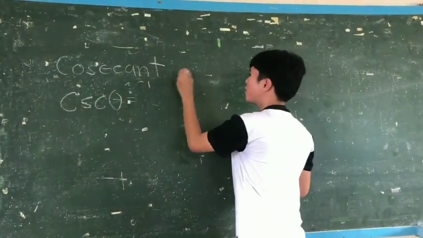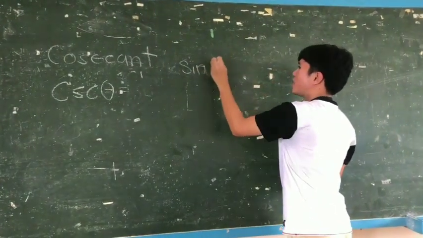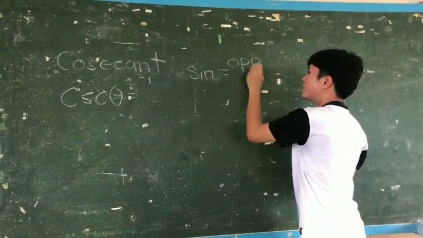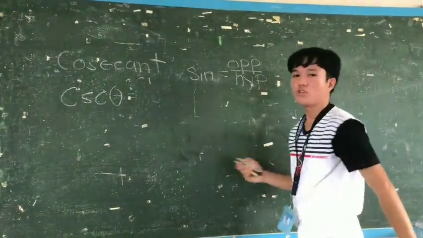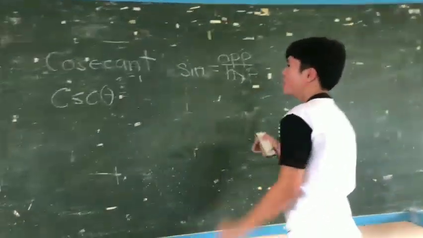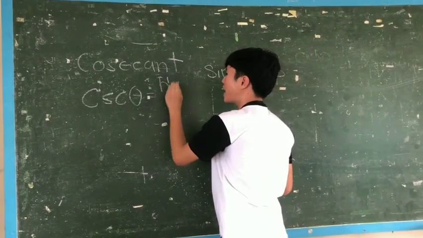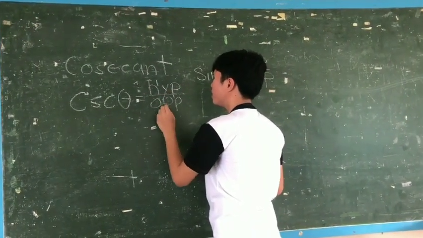When we say sine, the opposite is above and the hypotenuse is below. While in cosecant, we switch both of these, which means now the hypotenuse is above the opposite.